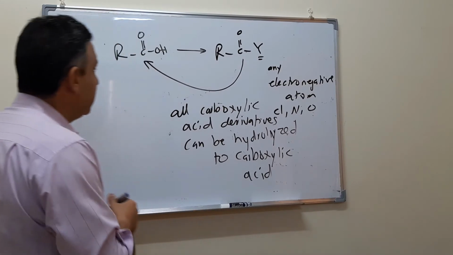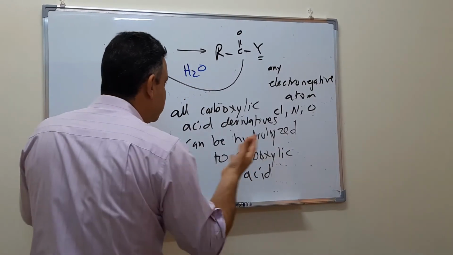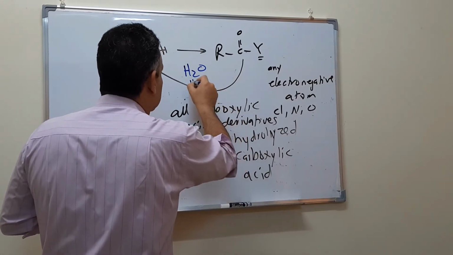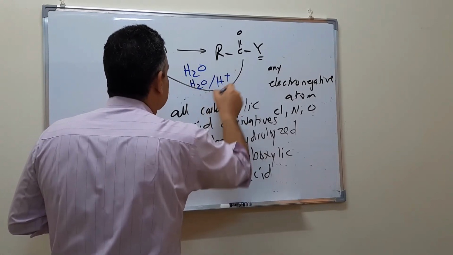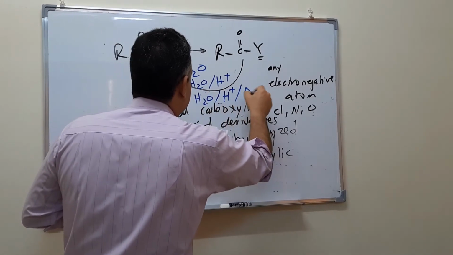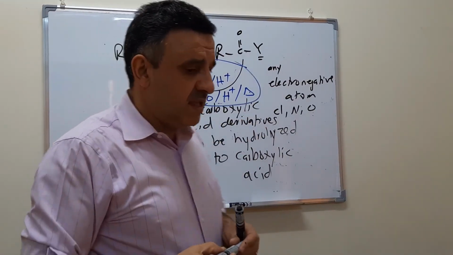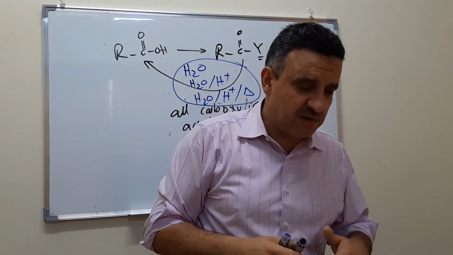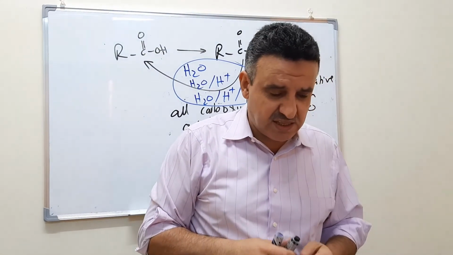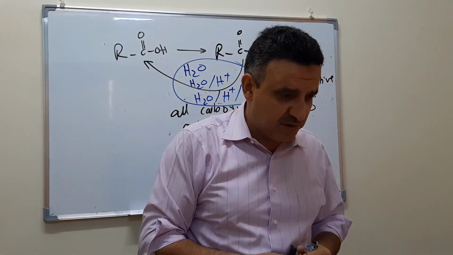So the reagent to do so is either water for the reactive one, just addition of water, like for the acid chloride, or water in presence of H+, or water in presence of H+ and heat. So all of these can be the reaction conditions for the hydrolysis of the carboxylic acid derivatives, as you have seen in the slide.